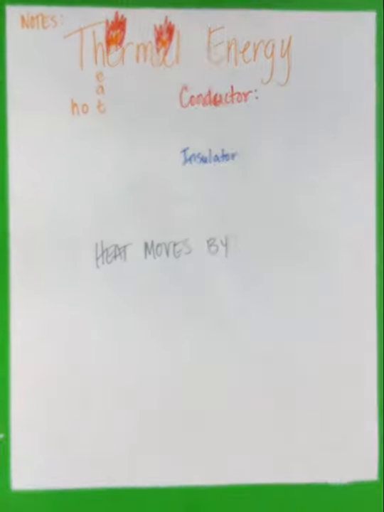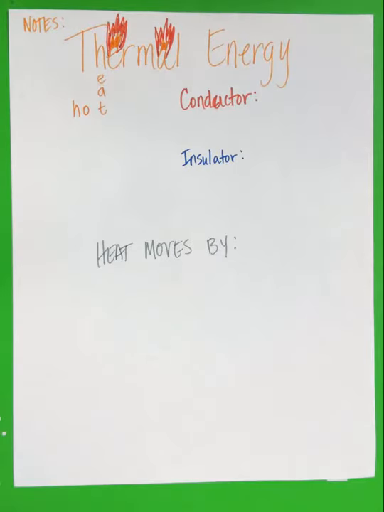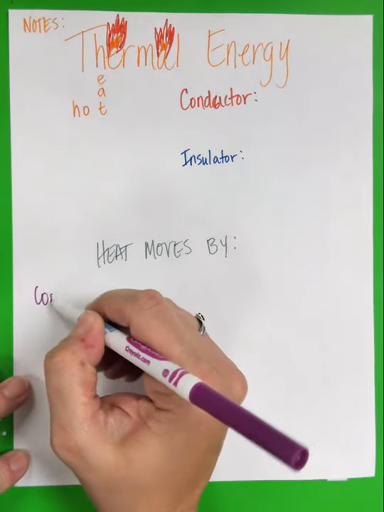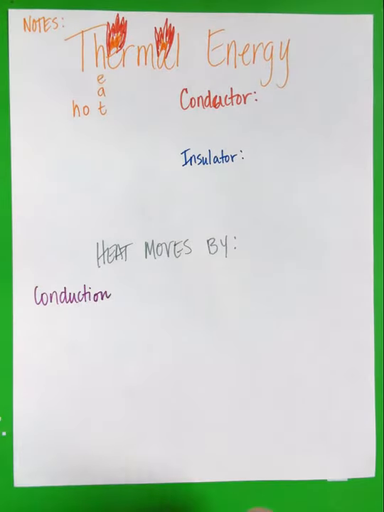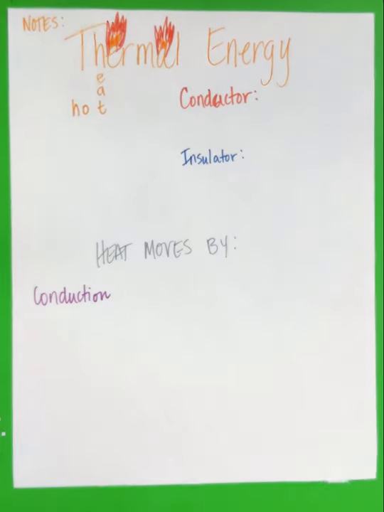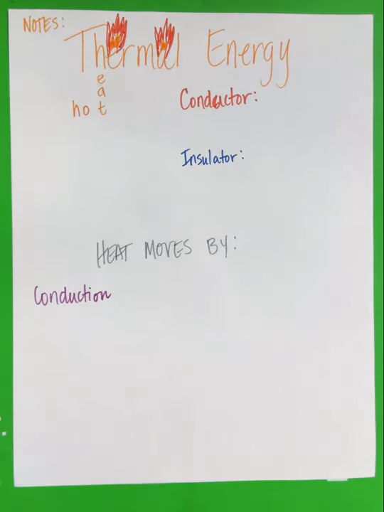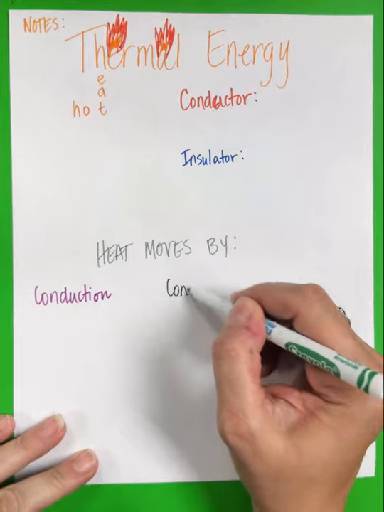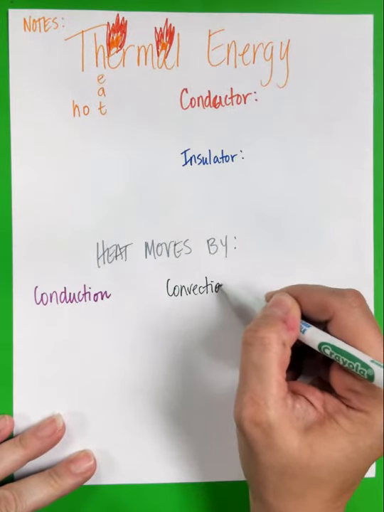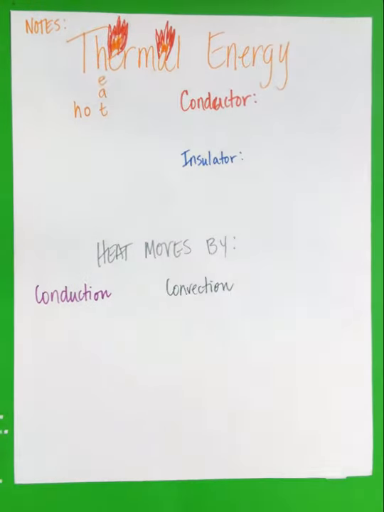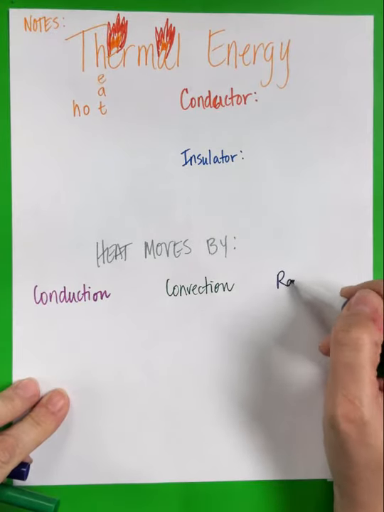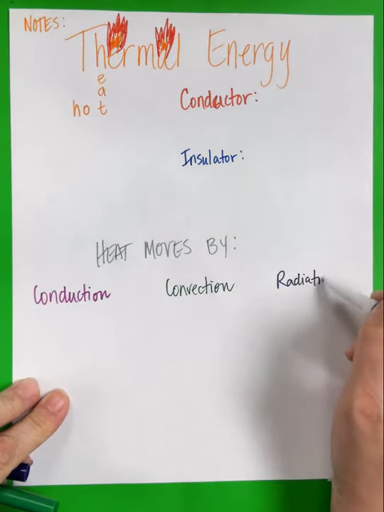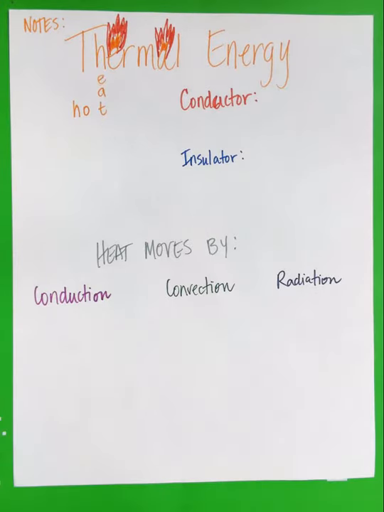How many of them? 3 ways. The first one is conduction. The second one is convection. And the third one is radiation.